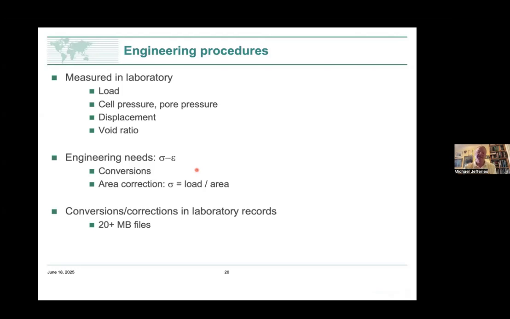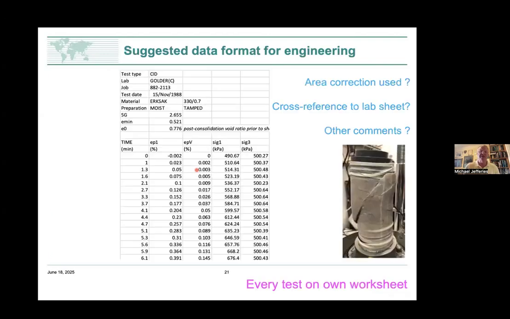Well, for us as design engineers or analysts, this is ridiculous. So what I like to do is to have what I call the quality assured results generated by the laboratory transferred to an engineering spreadsheet.